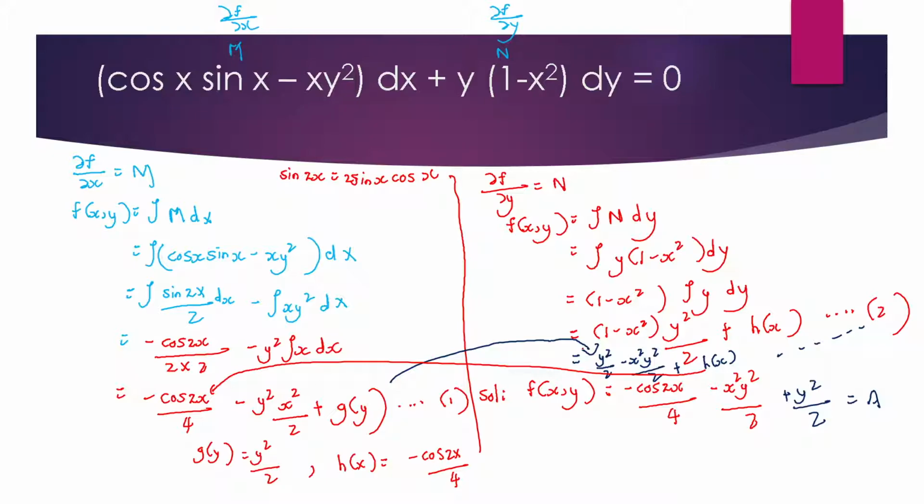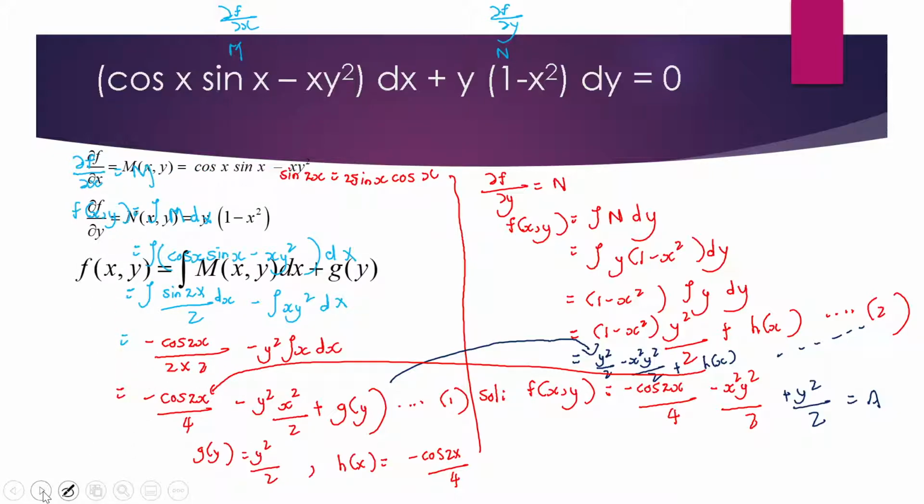The second term appears twice, so the coefficient becomes negative 1. This is the general solution for the exact differential equation, f(x,y) equal to a constant. And the question is actually given an initial condition.